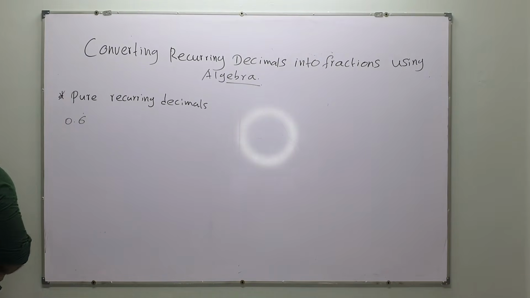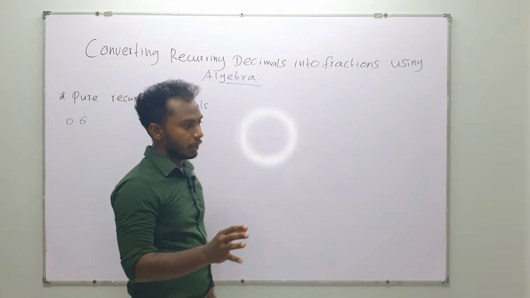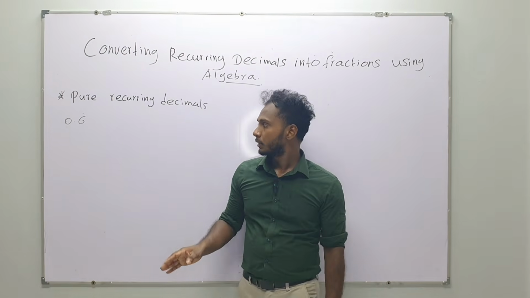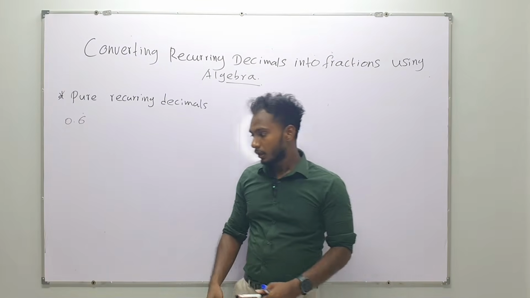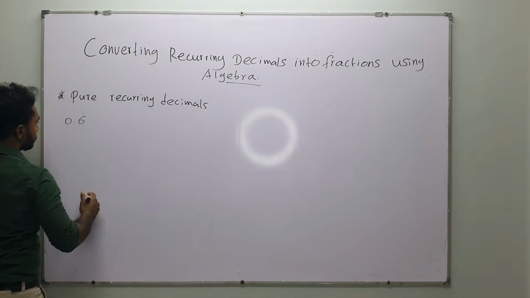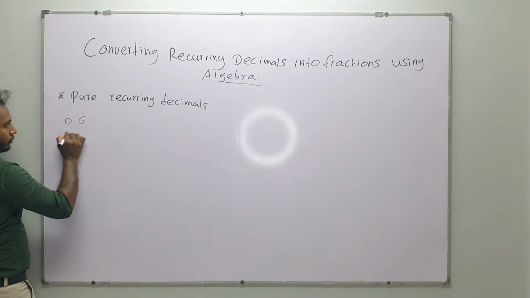So how do you convert a pure recurring decimal into a fraction? This is how we are going to do that. When the pure recurring decimal is given, let's take this as an example. The first step is, you have to make this equal to x.